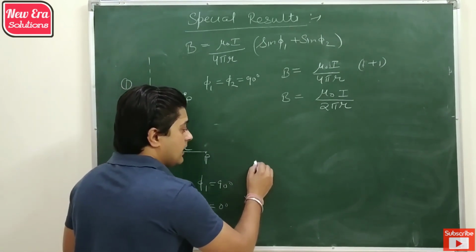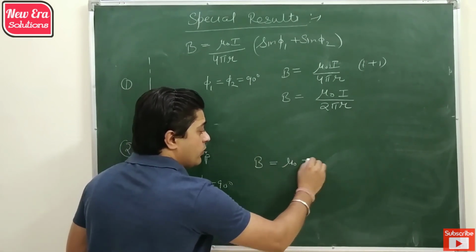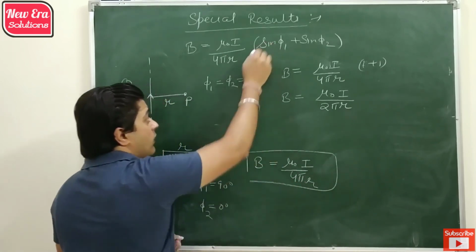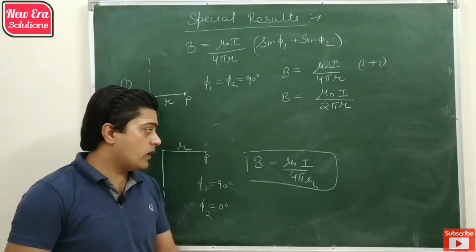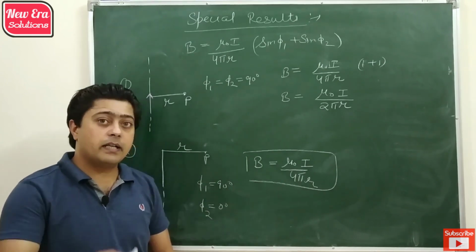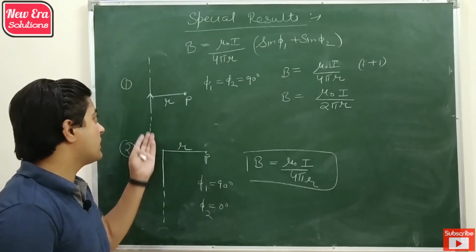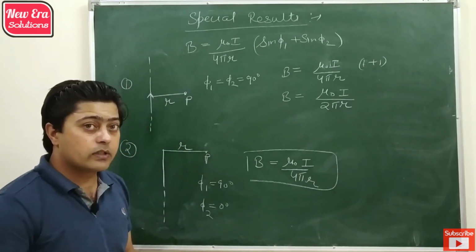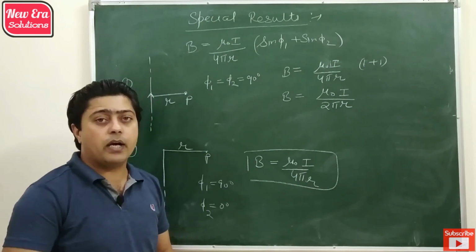In that case the magnetic field due to semi-infinite wire is mu naught I by 4 pi r, because one portion of sine becomes 0 and another part of sine becomes 1. So this is the magnetic field due to a semi-infinite wire. And as we already discussed, if the point lies on the axis of the current carrying wire, then both the angles become 0 and the total magnetic field is 0, which we already discussed in the special results of Biot-Savart's law.